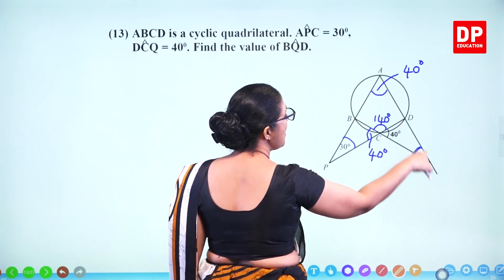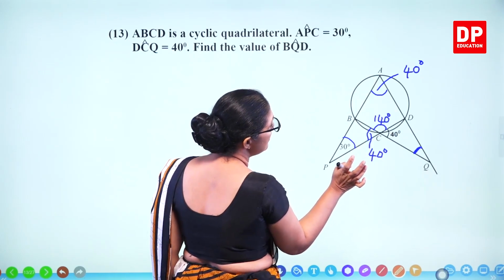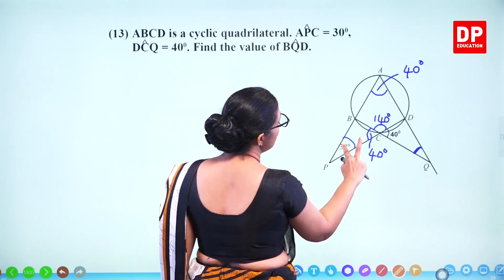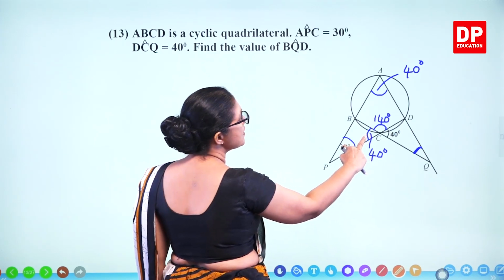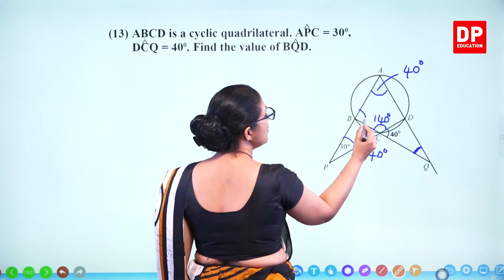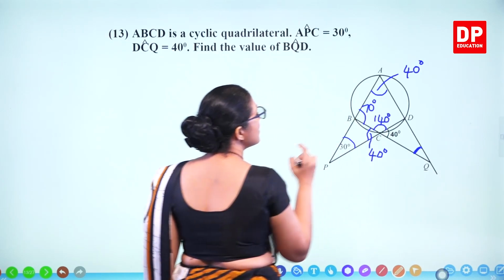So think about the ABQ triangle. This is 30, this is 40. Sum of opposite interior angles is equal to this one. So that's 70.